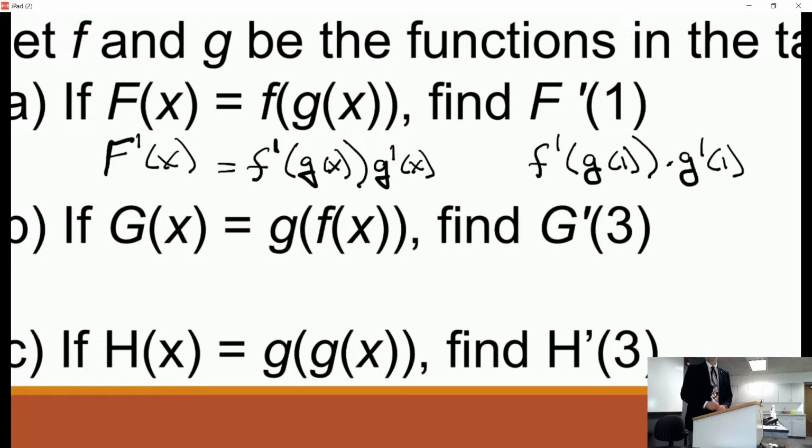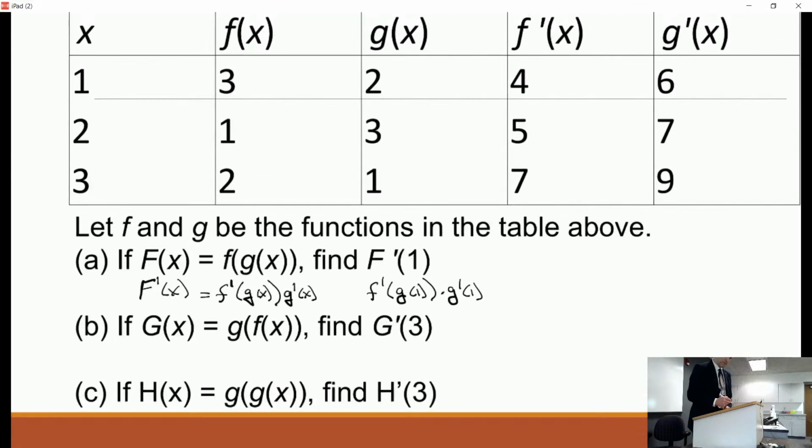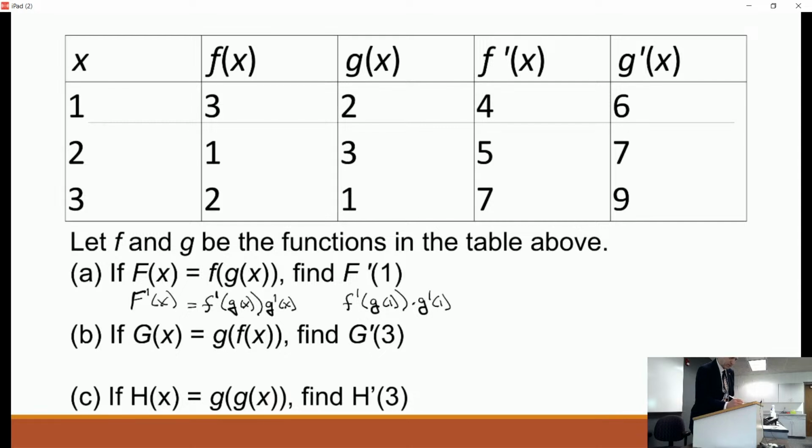So anyway, now that we've got all that sorted out, we can go up to this table and say, okay, g of 1, let me zoom out all the way, g of 1 is 2. G prime of 1 is 6. So let's mark those down. So that will be f prime of 2 times 6.